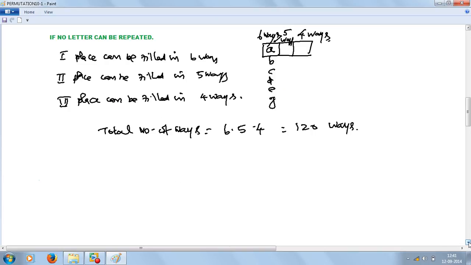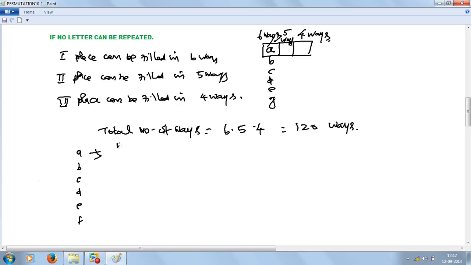So we will write out the number of ways actually and check. Let us take the first place. You can fill it with A, B, C, D, E, or F. We know. So for each of these letters, for the second letter, what can you fill up?